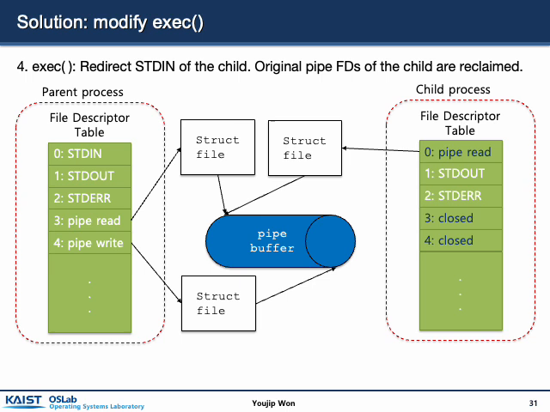What you have to take care of is making your exec function automatically detect whether there is a file descriptor related to the pipe files. If there is, you have to make sure to redirect the standard in of the child to point to the read end of the pipe, and the original pipe file descriptors of the child should be reclaimed.